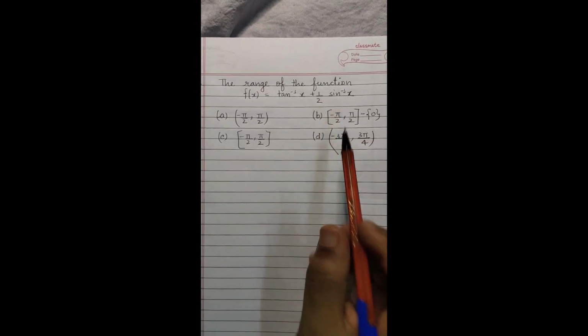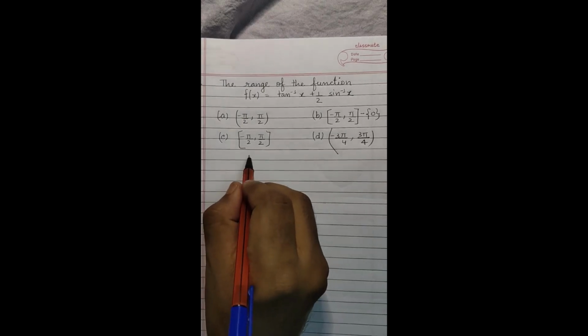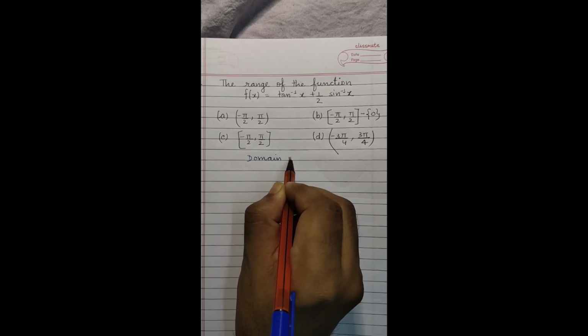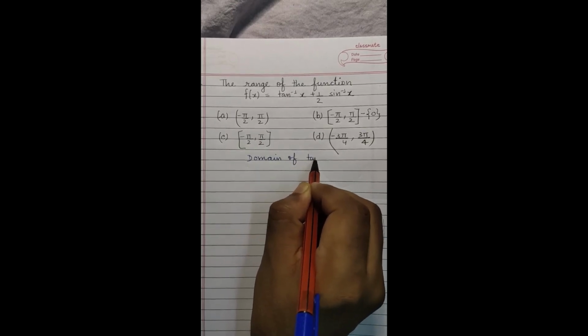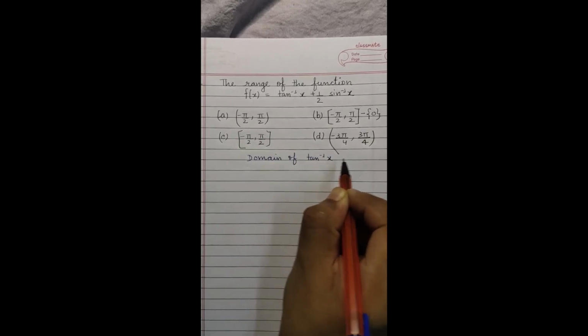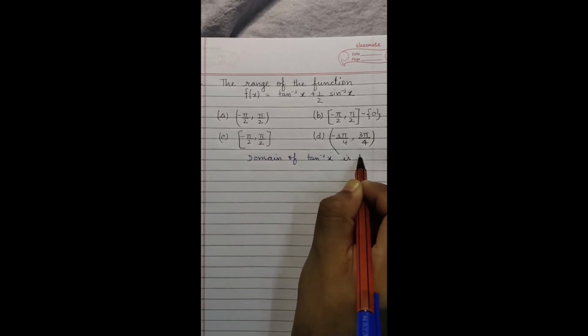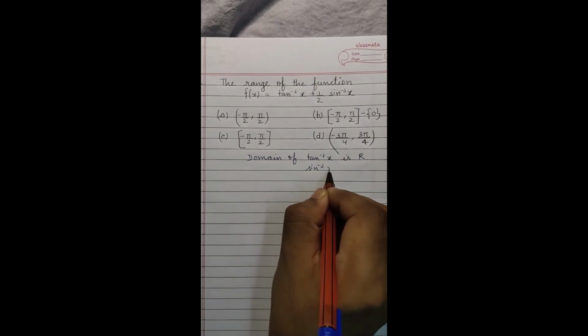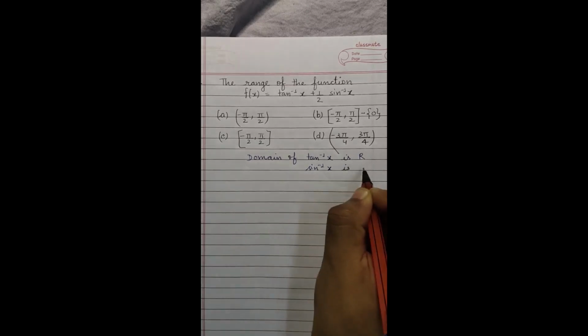Here I need to find the domain of tan inverse x and sin inverse x. I know the domain of tan inverse x is R, and the domain of sin inverse x is minus 1 to 1.